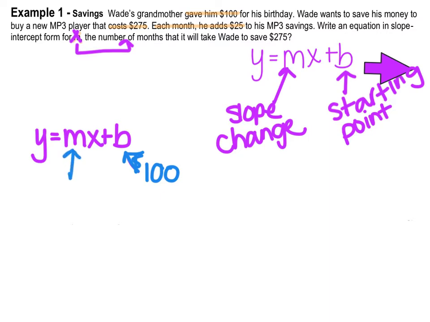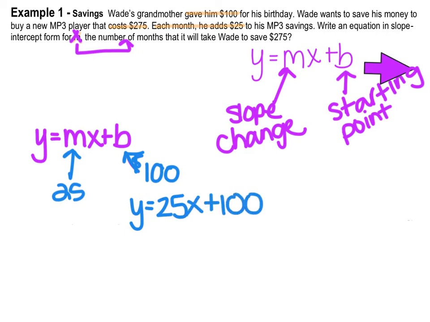My change, when I look through that, look for words like change, rate, each month, each, per. Those are your slopes. That's your $25. And now all you have to do is just put it all together. So I have y equals 25x plus 100.